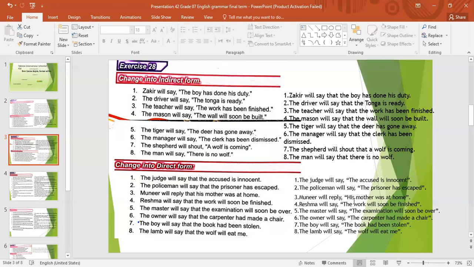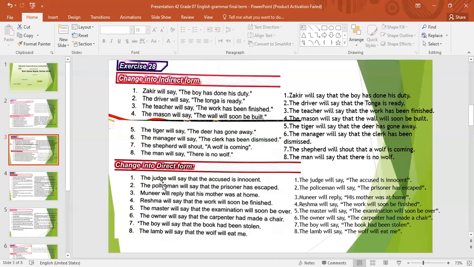We will put a comma after the reporting verb, then inverted commas before the reported speech and at the end of the reported speech, and then a full stop. So it will become direct speech, its original shape.